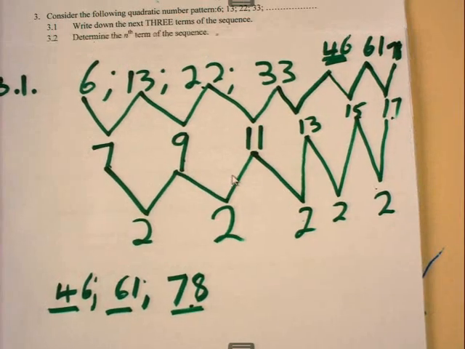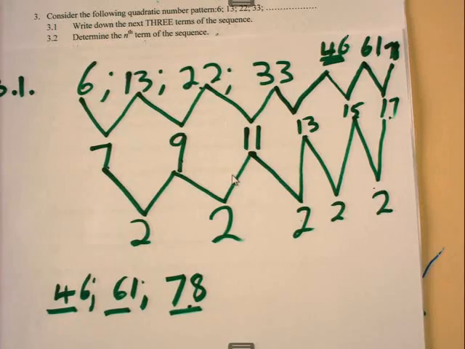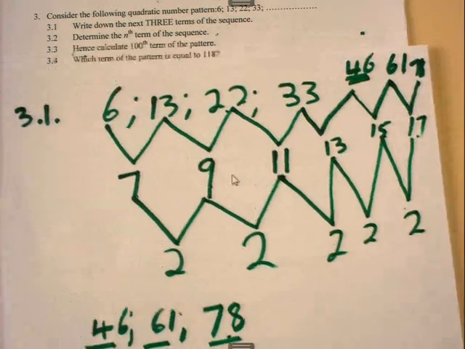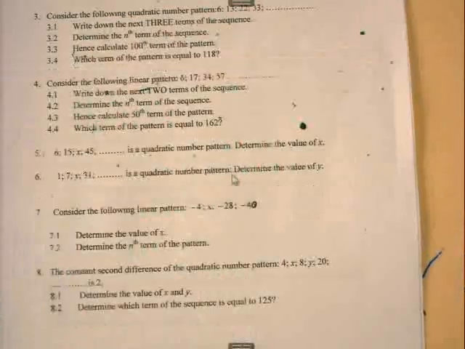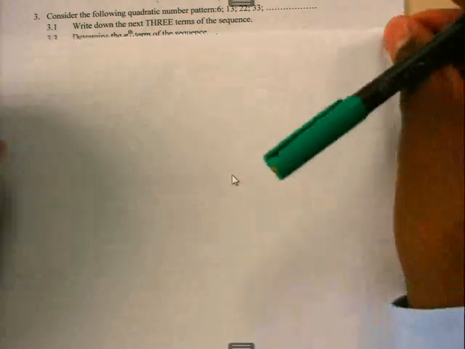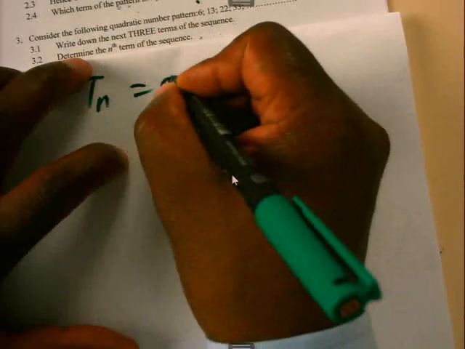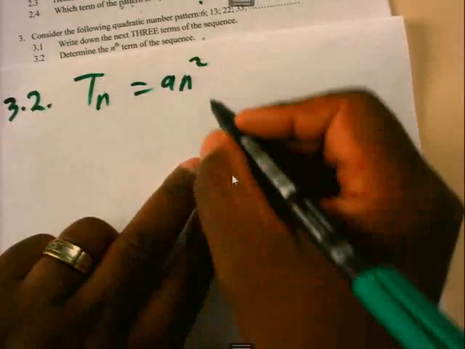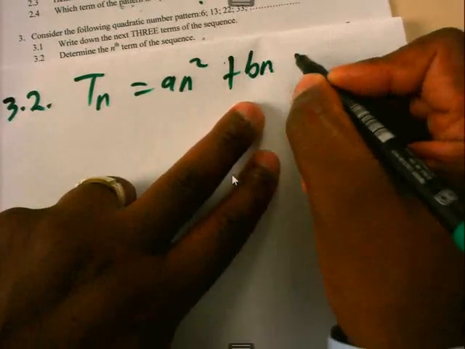Let's look at 3.2. Determine the nth term of the sequence. It's easy because I've already outlined the procedure for you. The sequence is a quadratic number pattern, so Tn equals an squared plus bn plus c.